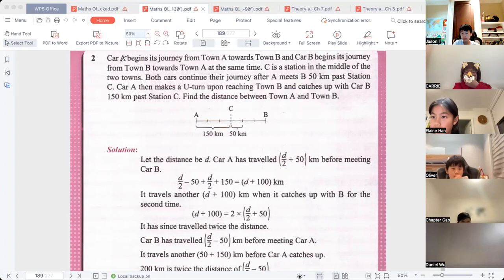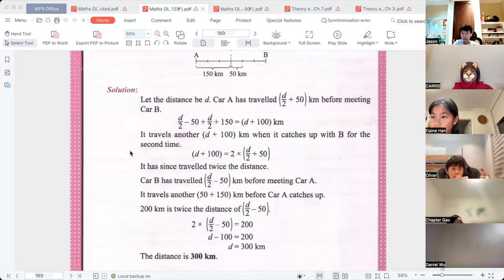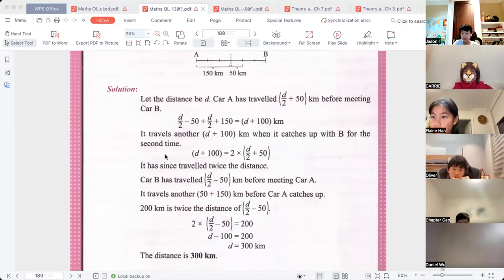So D plus 100 equals 2 times (D over 2 plus 50). Car B has traveled D over 2 minus 50 when they first meet, and when they second meet it's exactly this times 2. So 2 times (D over 2 minus 50) equals 200. So D equals 300 kilometers.